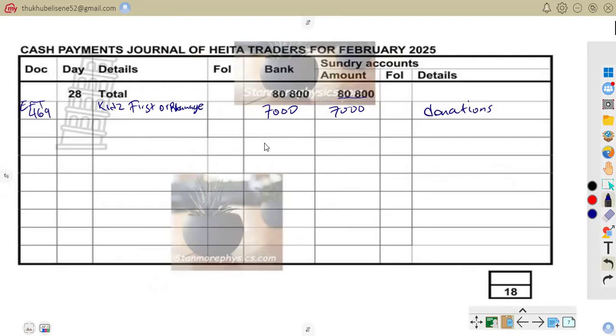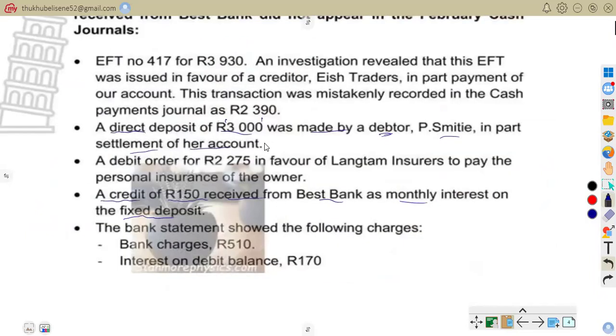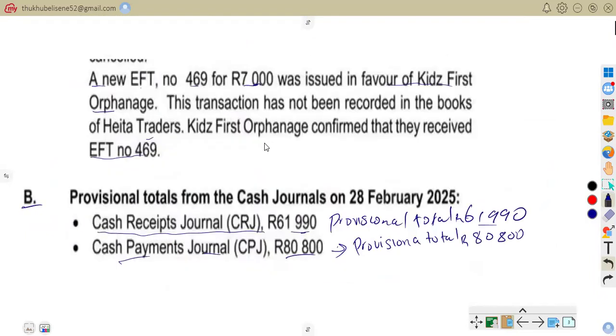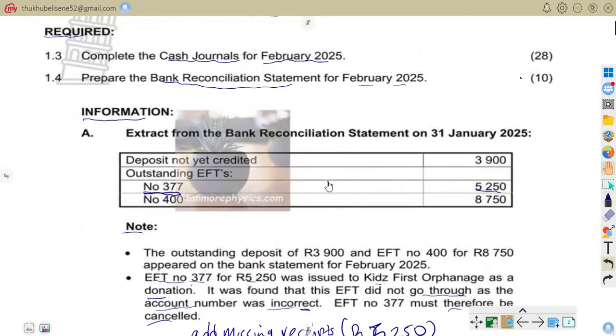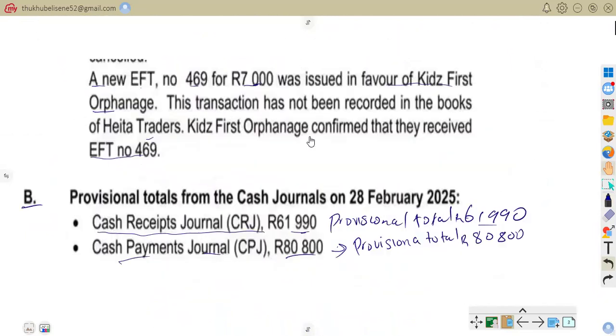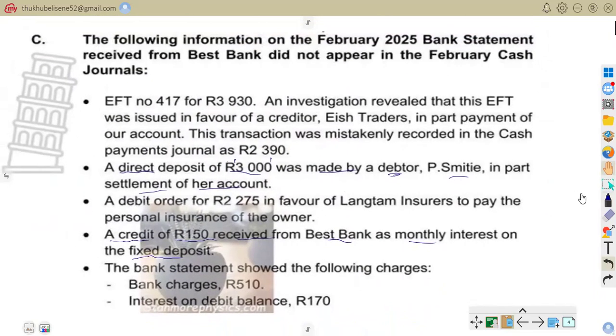So let's quickly try to find other transactions that do affect our cash payment journal. So we can go through them together, like I always say. You can see now there is nothing. So we move on to C and try to find out if there is anything that goes into the cash payment journal.